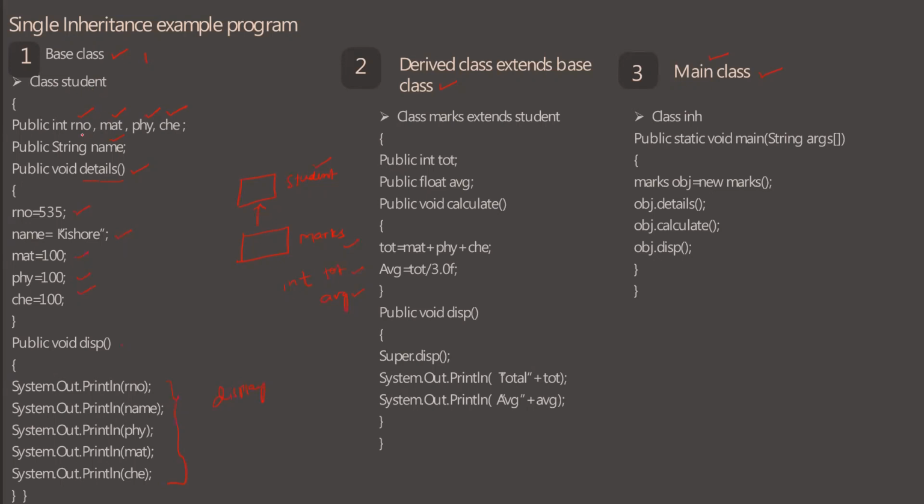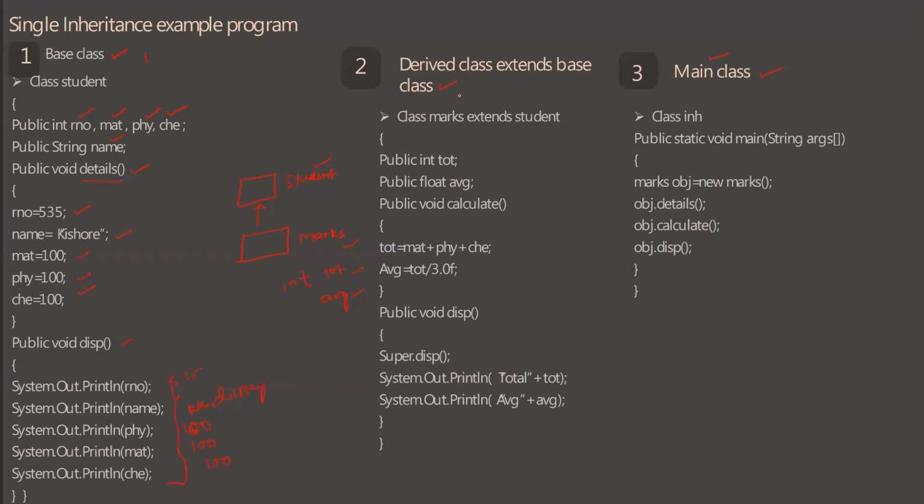In that, I've created 5 variables, which hold roll number, name, and marks in 3 subjects: maths, physics, and chemistry. Then I've taken one method called details. In that I've assigned the values for all those variables, and in the display method, whatever values I've assigned, I'm going to display them. Roll number will be printed here, name will be printed here, physics marks 100, maths marks 100, chemistry marks 100. Fine, so this is all about your base class.